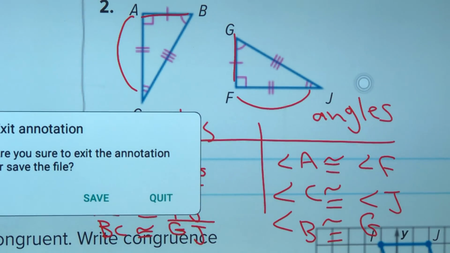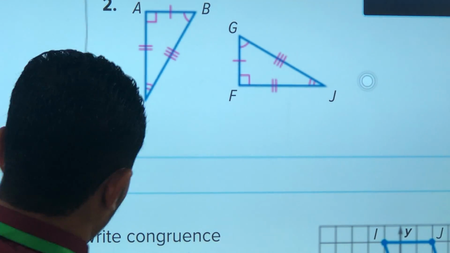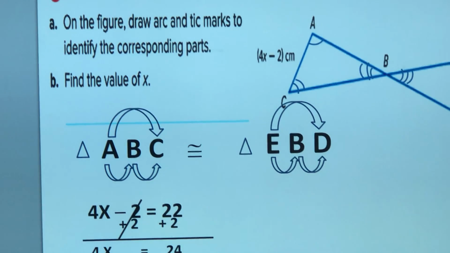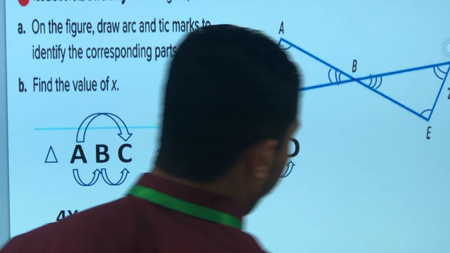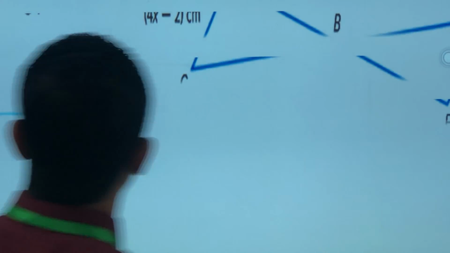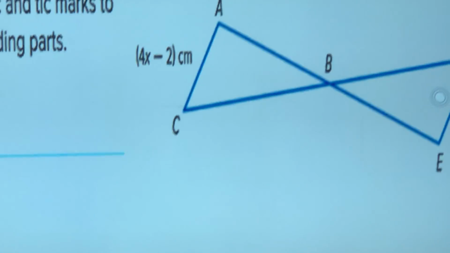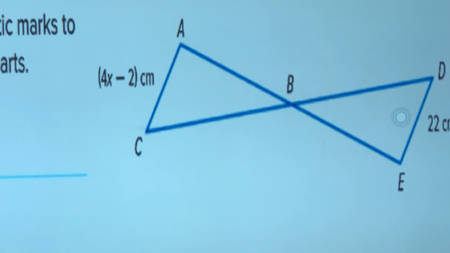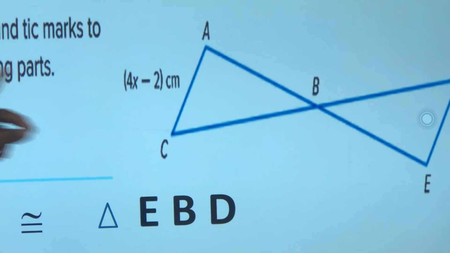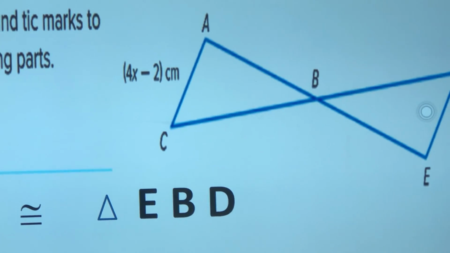Let's take another example, and please pay attention to me. On one of the figures, draw arcs and tick marks to identify the corresponding parts.